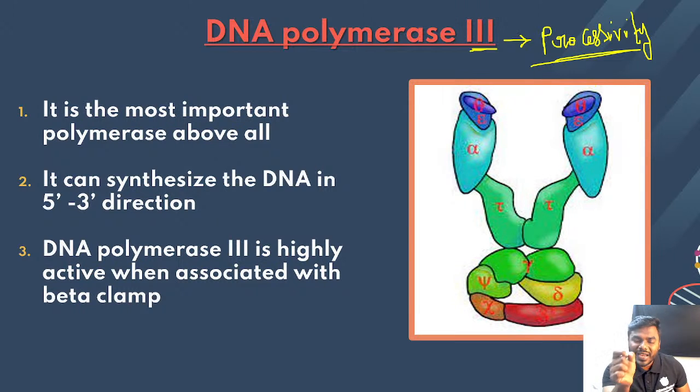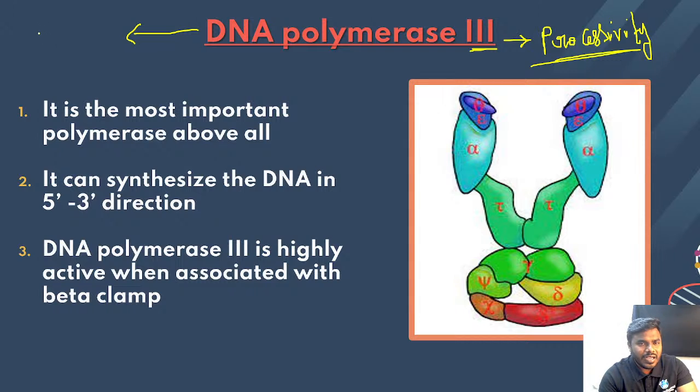Now I will explain step by step, line by line, point by point. Everyone pay attention. One more important point: you can ask me, sir, why do you say only DNA polymerase 3 has the highest processivity? Why do Pol 1 and Pol 2 not have the highest processivity? Can you give me any specific reason? Of course I can give you one important specific reason.